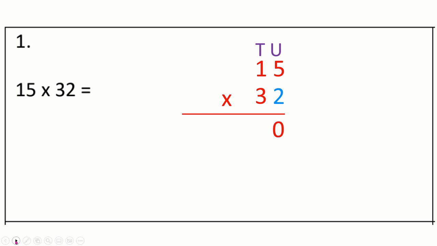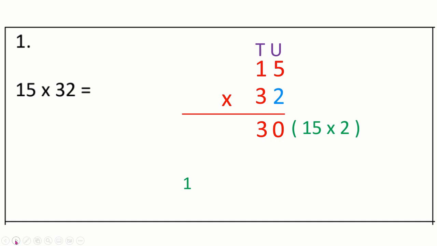Put down the 0, carry the 1. Now I'm going to multiply 1 by 2. 1 times 2 is 2, plus your carry is 3. So 15 times 2 is 30. So 30 was the answer to 15 times 2.